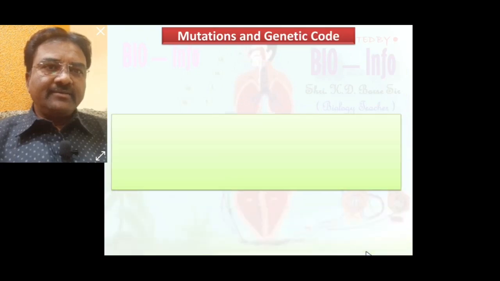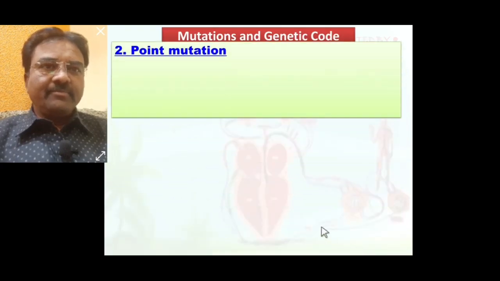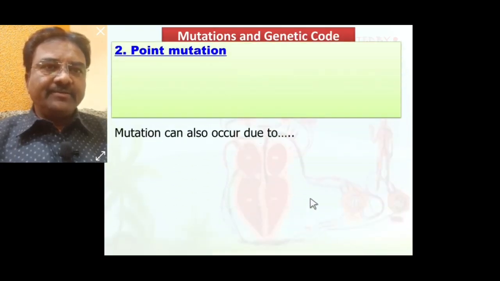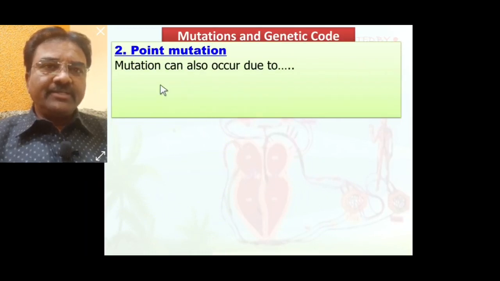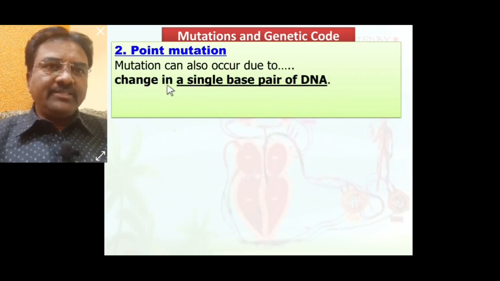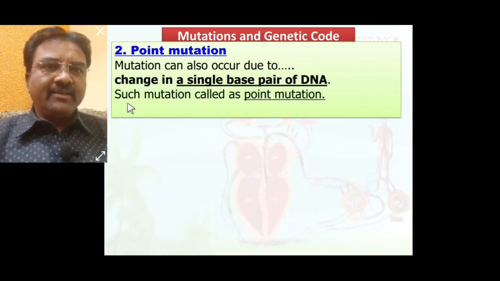The second type of mutation is point mutation. What is point mutation? Mutation can also occur due to a change in a single base pair of DNA. Such a mutation is called point mutation.